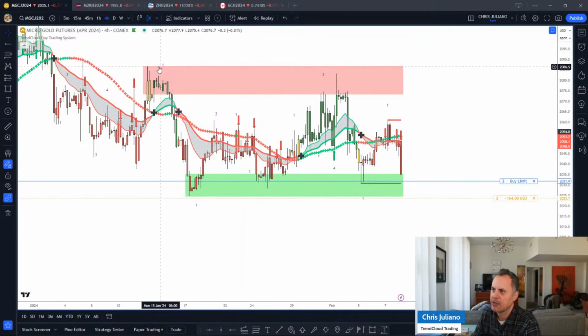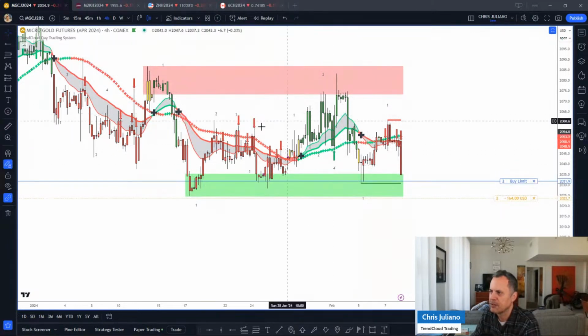So here's the top part of the market edge, the bottom part of the market edge. And so far, all of this is just in between, right? By the time it makes a move to the downside, it works itself all the way back up. By the time it makes a move to the upside, it starts working itself right back down.